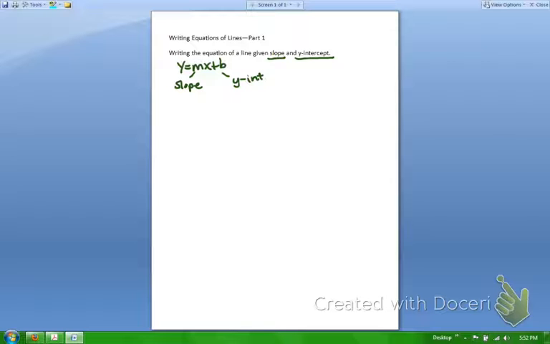So for an example, if I were to tell you the slope of a given line was 4 and the y-intercept was -3, to write your equation, we would say y equals the slope times x plus the y-intercept. In this case, plus -3. And there you have the equation of your line.